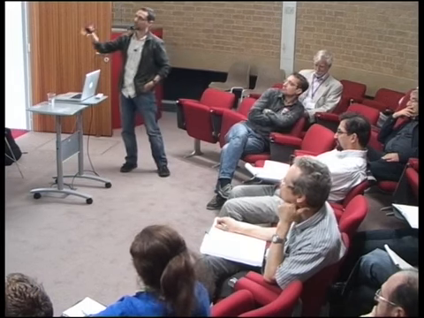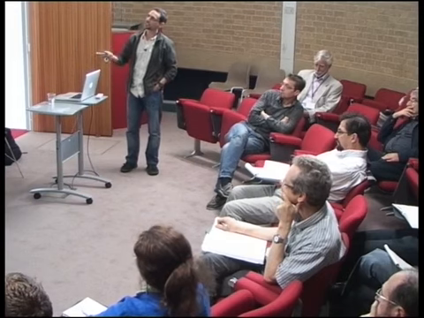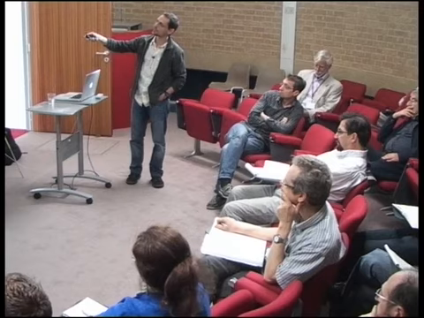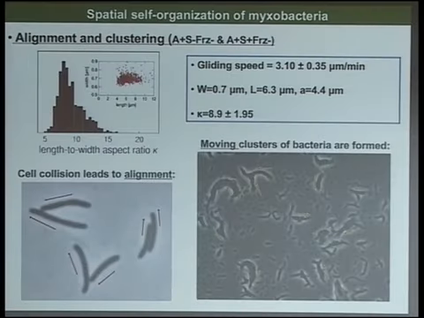Now if you put the cells in the Petri dish and you observe what happens, I don't know if you can see very well, you observe the formation of large clusters. These large clusters are polarized and the cells are migrating in a well-defined direction, which is indicated by these arrows here.